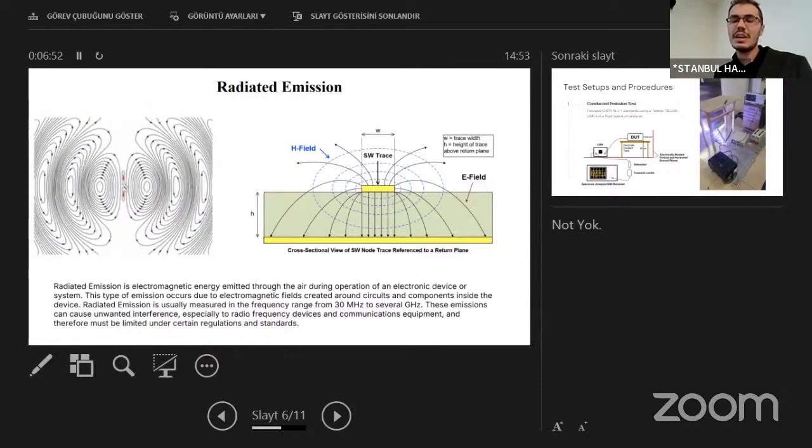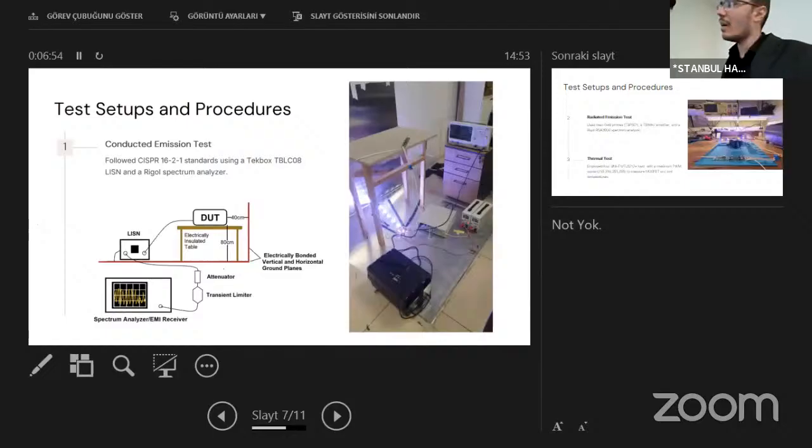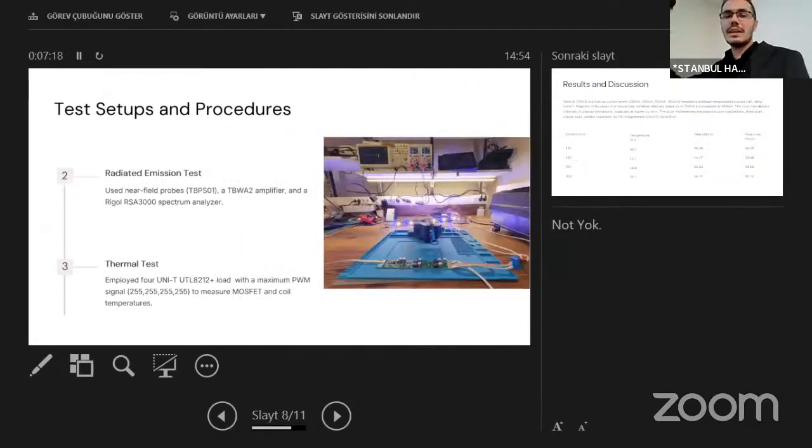This is our conducted emission test setup. It followed CISPR 16-21 standards using a TechBox TBLC 08 LISN and a Rigol spectrum analyzer. The other test setup is the radiated emission test.